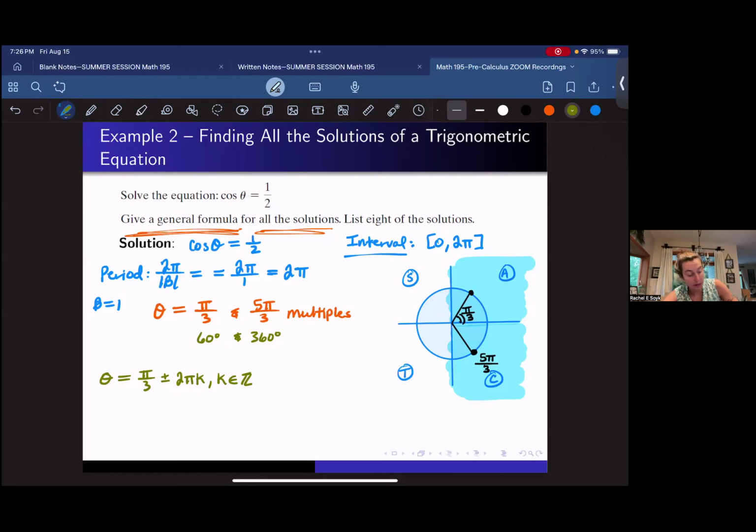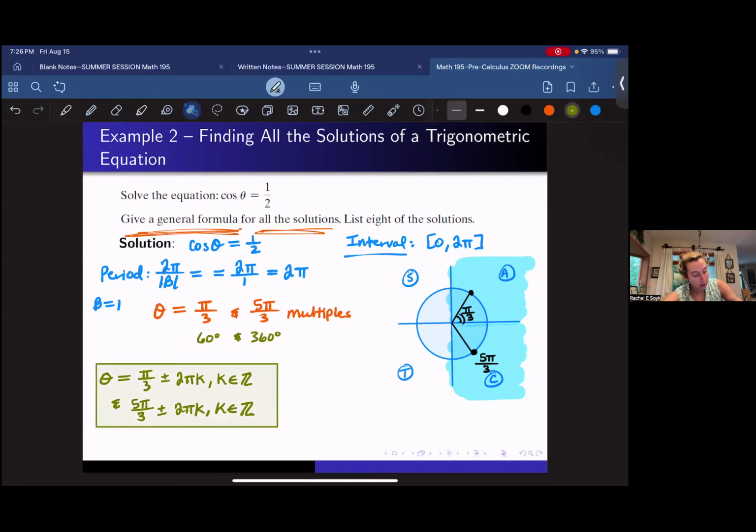But then we also want to state that our angle theta could be 5 pi over 3. And then we want to represent all those coterminal angles. So we have our plus or minus 2 pi k, where k is an element of all of our integers. Okay. And that's it. This is our general formula for all of our solutions in radian format.